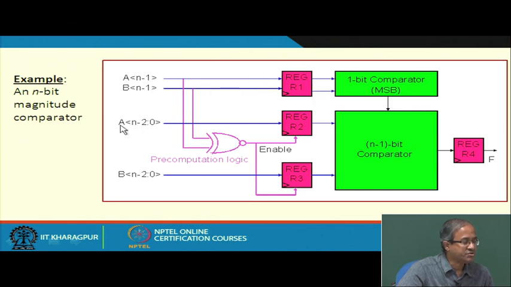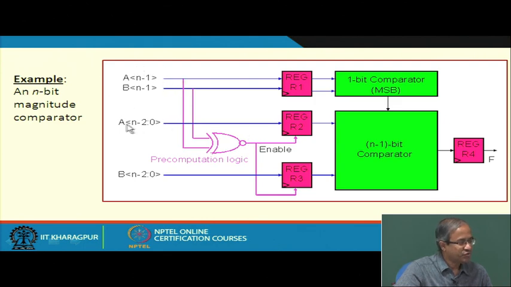The remaining n minus 1 bits of a are being fed here, remaining n minus 1 bits of b are being fed here. So, what I am saying is that we compare the most significant bits. How do you compare? We have put an exclusive NOR gate. So, what does this exclusive NOR mean? You see, if these bits are 0 0 or 1 1, what does 0 0 or 1 1 mean? The output of the XNOR gate will be 1.